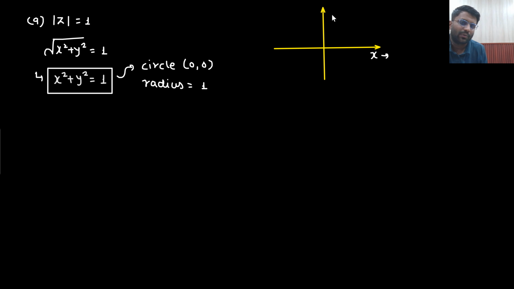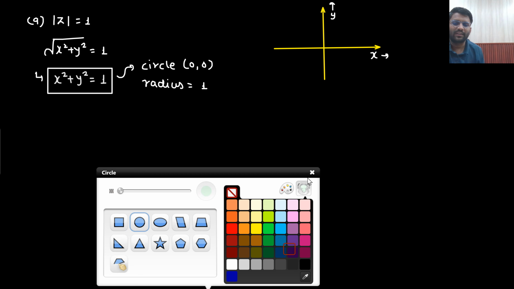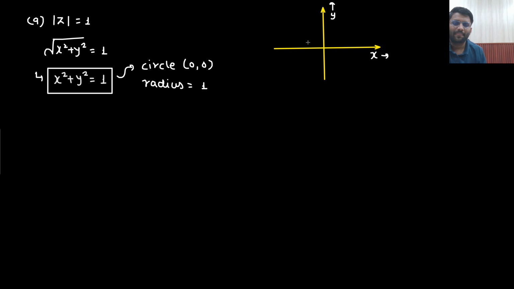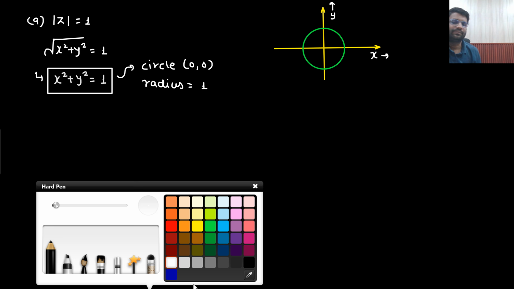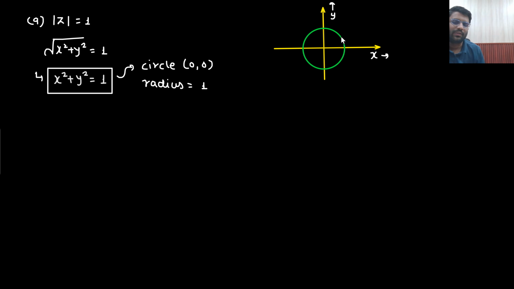What is the locus I am getting? It is simply a circle with radius 1 and center at 0, 0. This will be the locus, right? It is a circle, not a disc. It is a circle only.